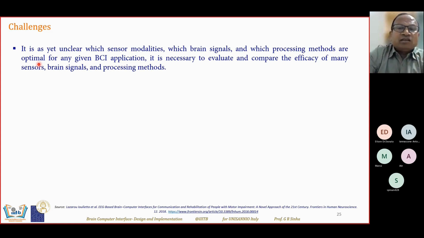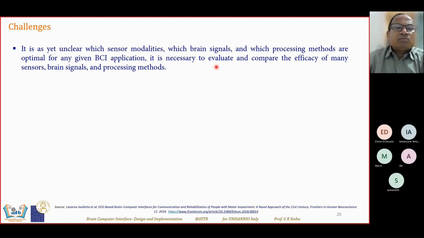Of course, we know that when we go to the invasive manner, we'll get the maximum amount of information, but which is optimal for which kind of application, keeping the risk of surgery into consideration? What is the optimal processing method? These are all the challenging questions in the design of BCI.